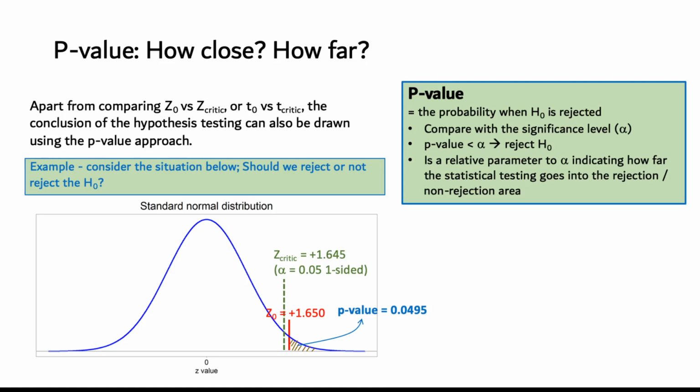If the p-value is less than alpha, then we can reject the null hypothesis. Please have a look at the Montgomery book to learn more about the p-value.